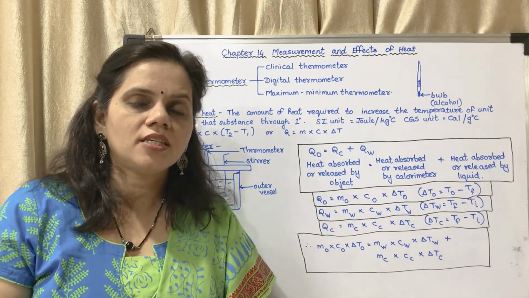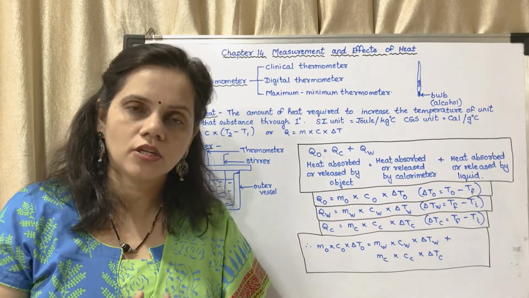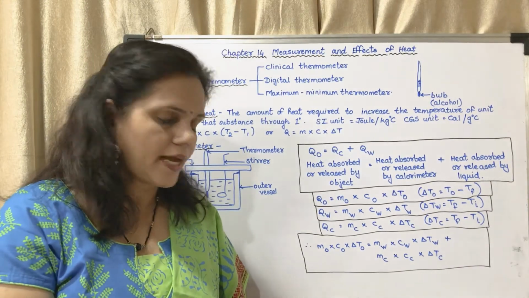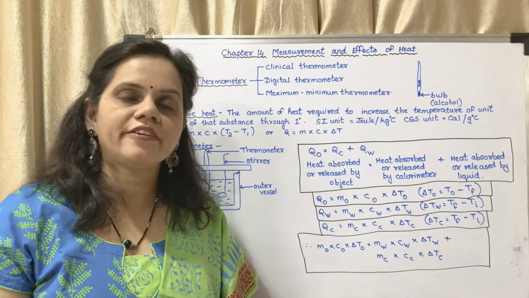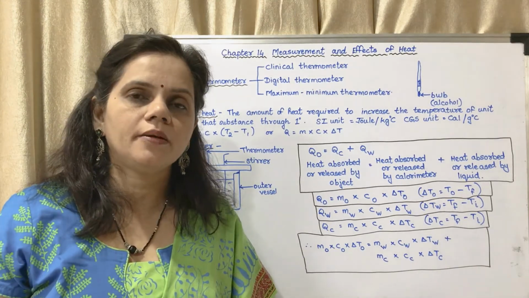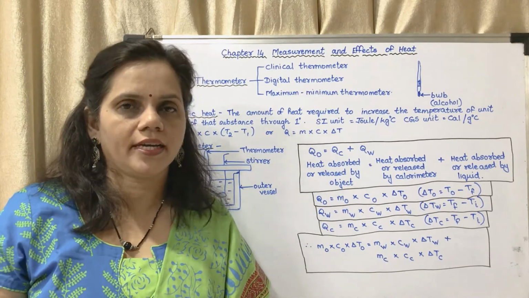The derivation is not generally asked. The question generally asked is the structure of calorimeter with diagram on page number 100, figure 14.5. A very important question: structure of calorimeter, diagram of calorimeter.